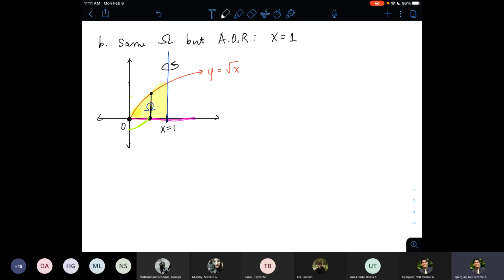So your strips will be perpendicular to the axis of revolution. So you'll do the disk or the washer method, okay? But again, here I'll take advantage of the variable x. The bounds would be from 0 to 1. Again, vertical strips are parallel to the axis of revolution. So again, here I'll use cylindrical shells method.